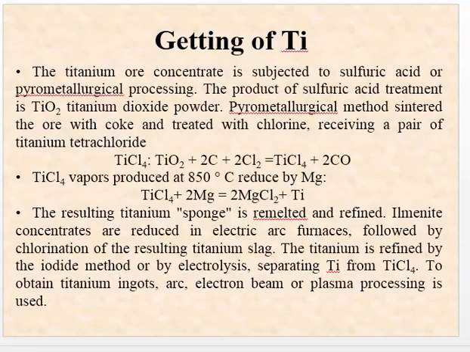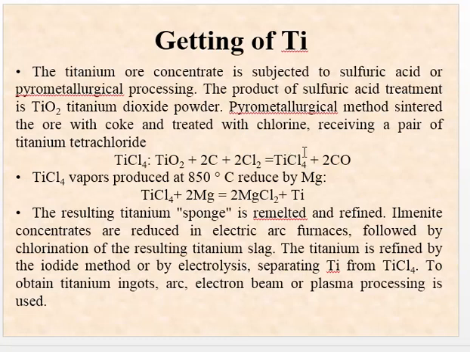Getting a preparation: the titanium ore concentrate is subjected to sulfuric acid or pyrometallurgical processing. The product of the sulfuric acid treatment is titanium dioxide powder. The pyrometallurgical method mixes the ore with coke and treats it with chlorine, receiving vapors of titanium tetrachloride.